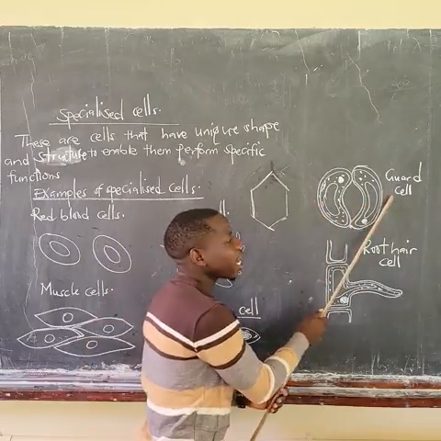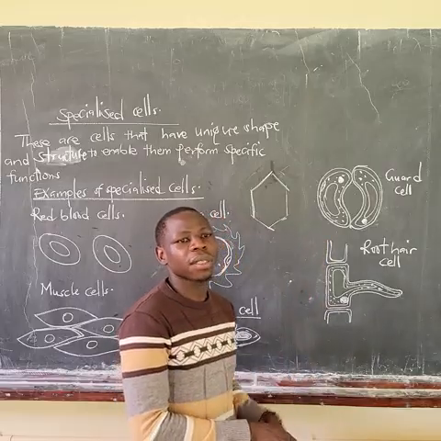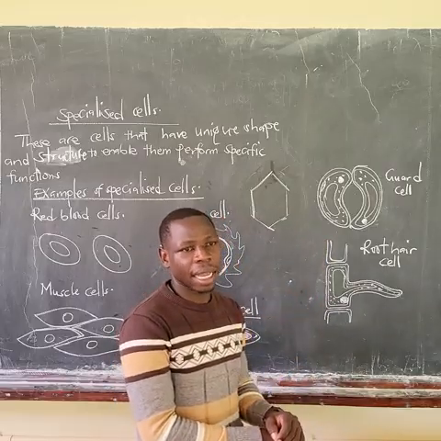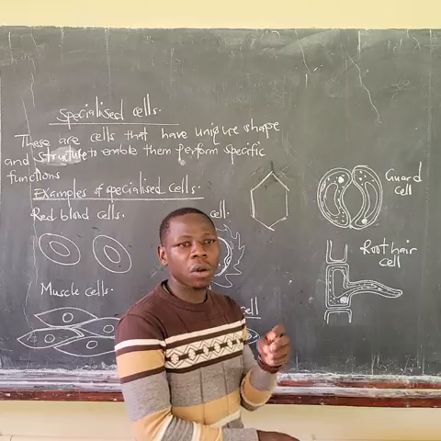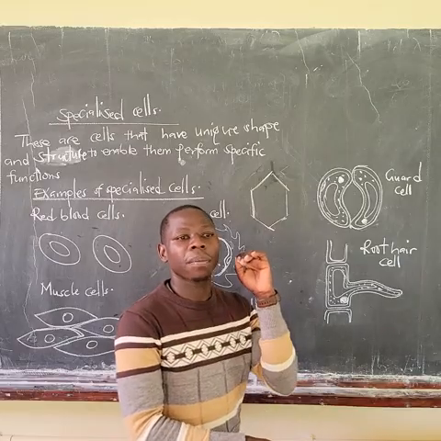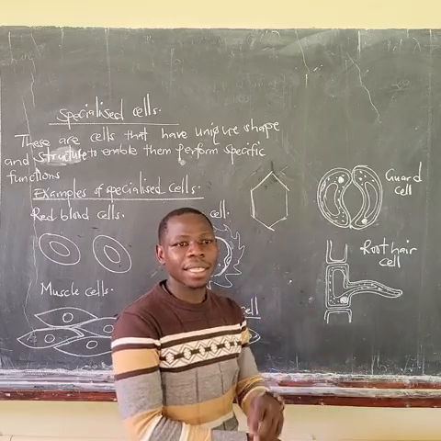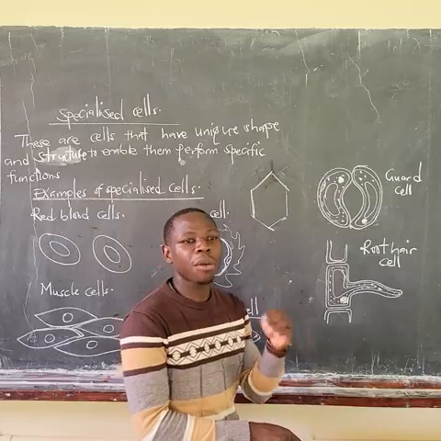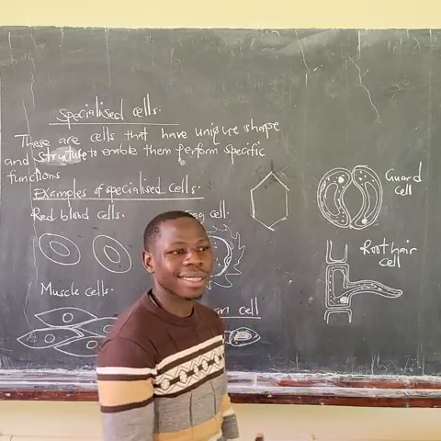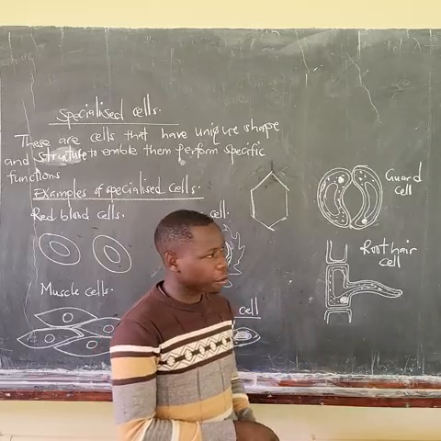Now, the guard cell is the cell that helps to protect the stomata, the opening on the leaves that enables plants to carry out gaseous exchange and even absorb carbon dioxide to be used in the process of photosynthesis to manufacture their own food.